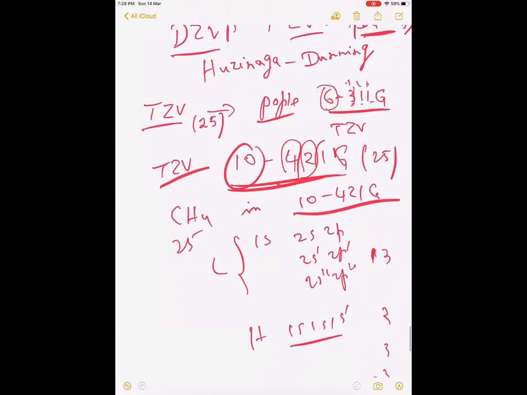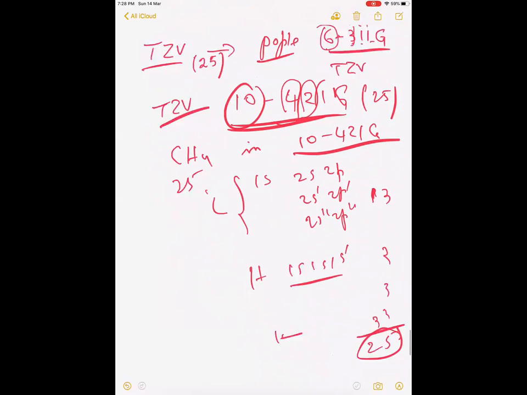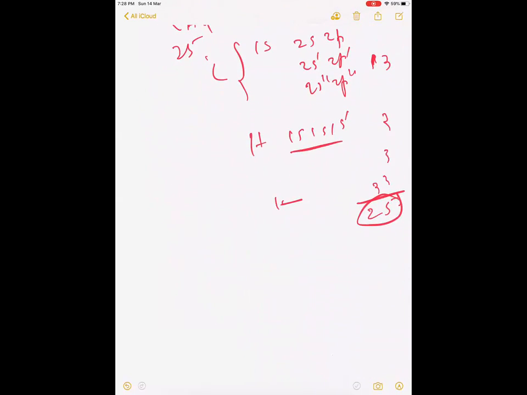But if I do 6-311G, if I do 10-4-2-1G, the number of molecular orbitals is identical. Because that is important. At the end of the Kohn-Sham calculation, the number of molecular orbitals is identical, because I can ask you a question, how many unoccupied orbitals do you get? Occupied is also the same for methane. This is the most important number. This is going to keep changing. So for any of the TZV calculations, this number will be 20 for methane.